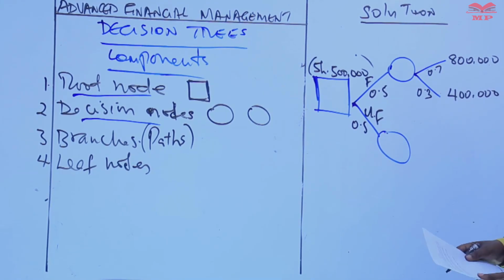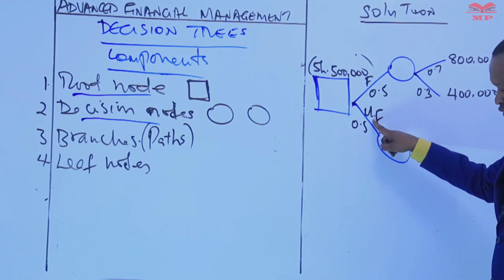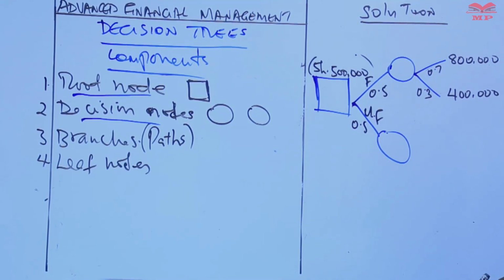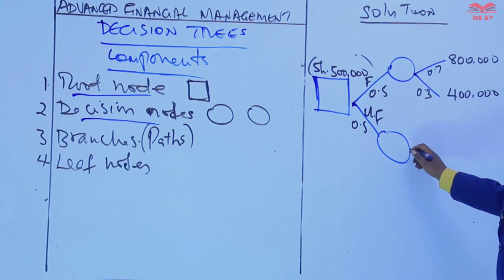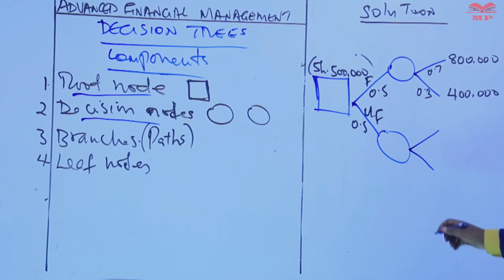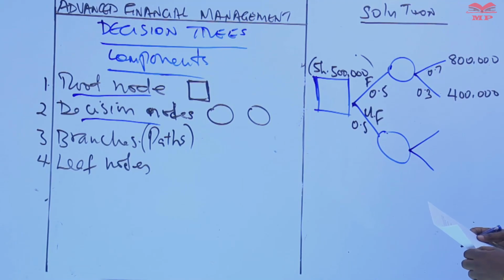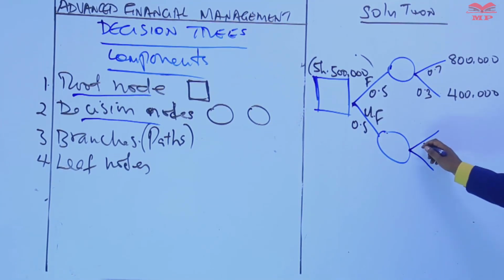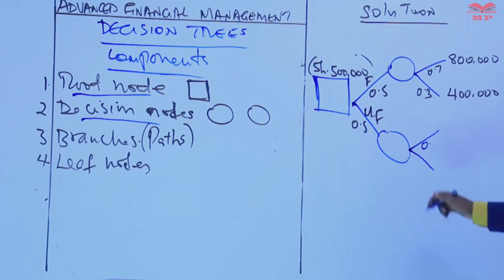But if the market response is unfavorable, we come to this route. If it is unfavorable, what happens? There is the probability of 50%. 50% converted into decimal is 0.5.